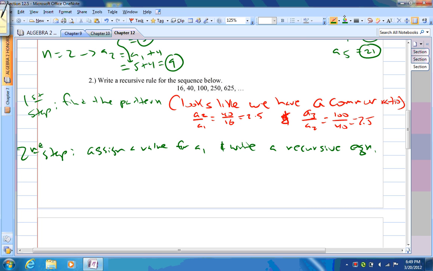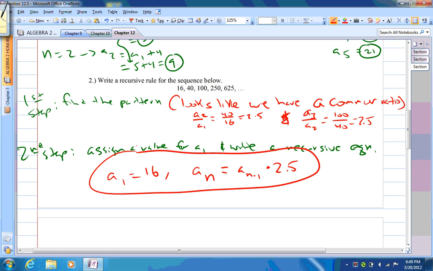So clearly a1 is going to be 16. And it seems that we're always multiplying by 2.5, so I'm just going to do this. That'll be my final answer. a1 equals 16, so that's to get the thing kick-started. And I'm just multiplying by 2.5 every term. So a n minus 1, as long as it's one term behind a n, it seems like I always multiply by 2.5 to get to the future term. So that's what we do.